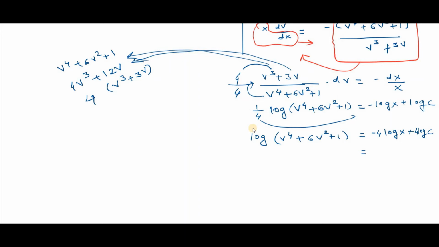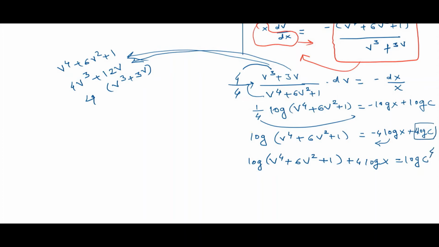If we transpose this minus term to the left hand side, we can write it as logarithm of v raised to 4 plus 6v square plus 1 plus 4 into log x is equal to 4 log c.